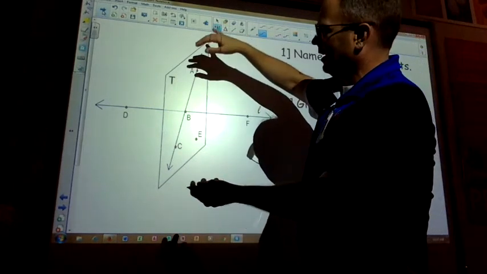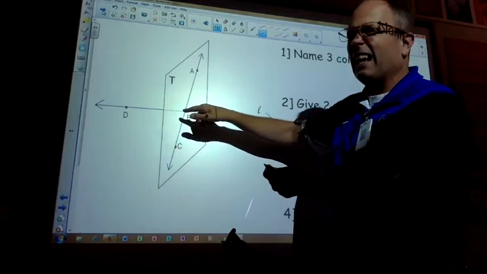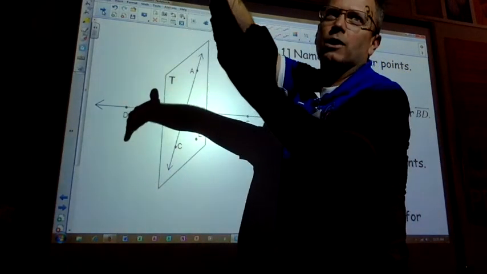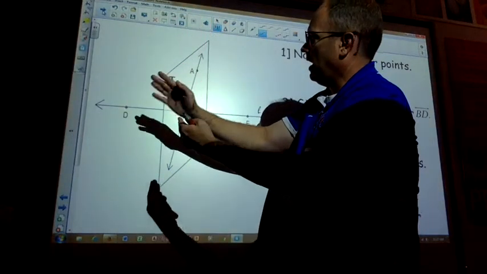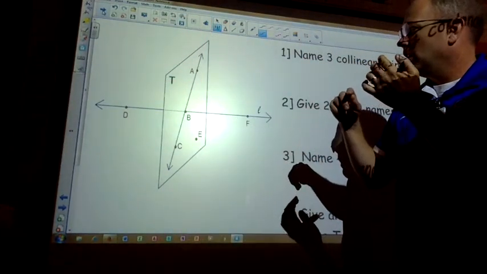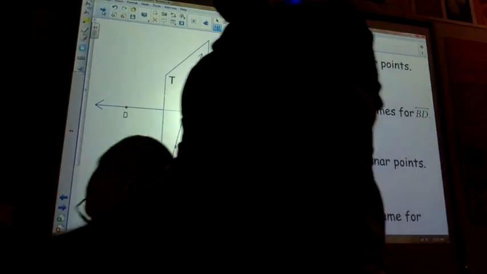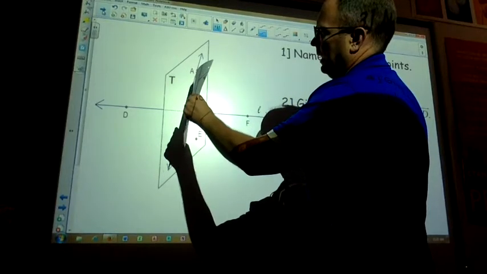I think what this is, because this is dotted, is a plane that's kind of sticking out towards us, with a line that goes across. If that was the case, let's call this plane like this.